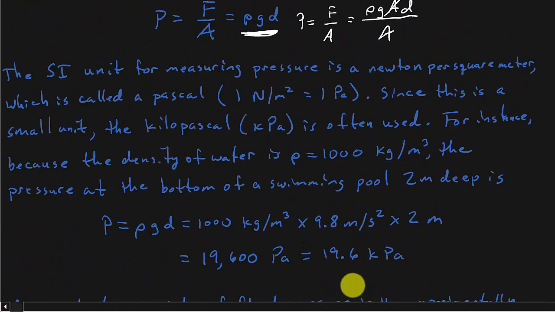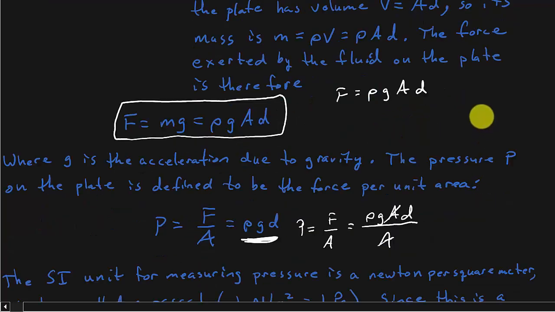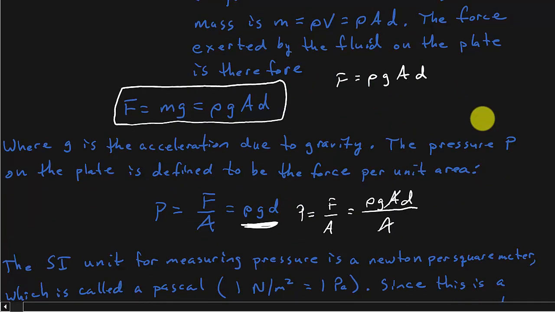Let's go back up here and look at this. See, here's your force. Your force is equal to rho times g times A times d. Well, what is pressure? Pressure is rho times g times d.